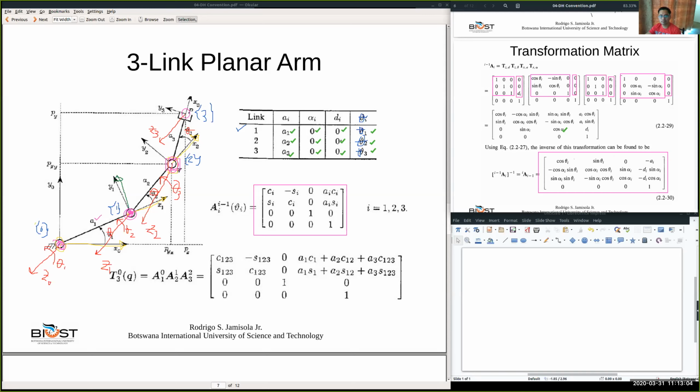Let's check. Because alpha here is 0, what will happen? Sine, okay, where is that? Alpha is 0 here. Let's undo. Sorry, this is the inverse. This is the result.